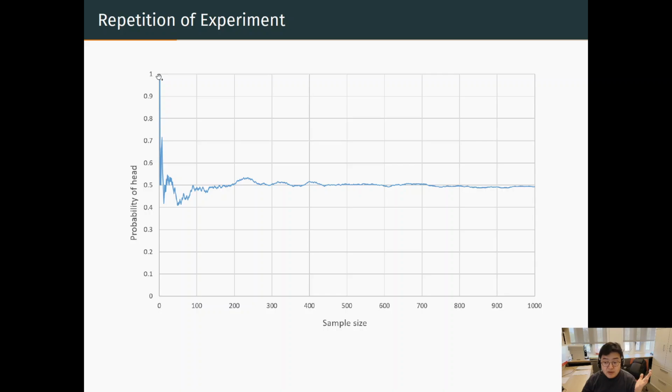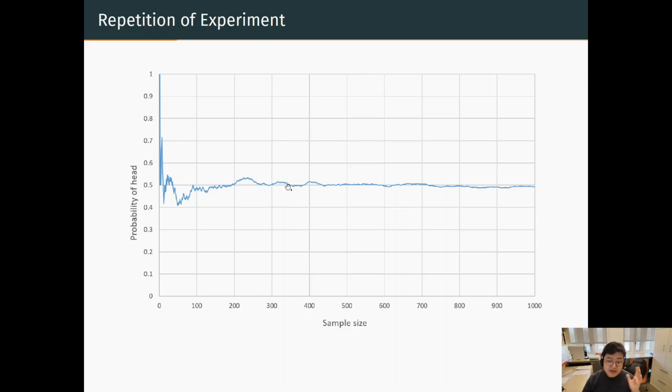So then it's 100% probability it was heads. It was literally 100%. And then if you throw twice, and the second one was tails, then the probability of heads becomes 1 out of 2, which is 50% again, and then it's random.